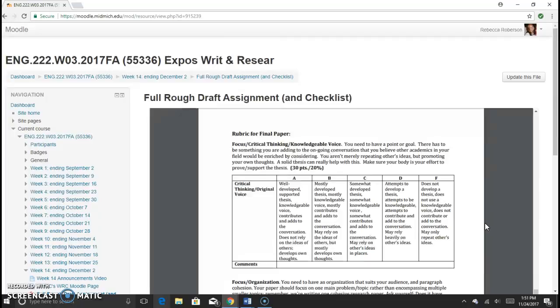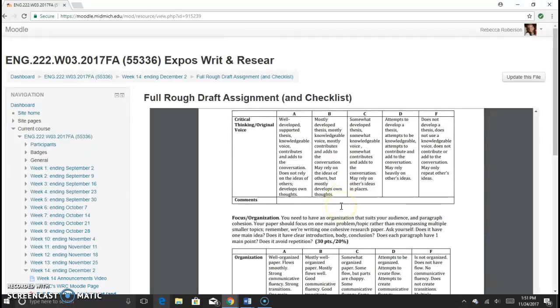It's very difficult to have a point or a goal or make a claim when you don't have a strong, well-developed thesis. So if I made a comment about you're not having a thesis or you're not making a point or a goal, you may want to go back and take a look at your thesis statement and make sure that it really is solid. And therefore, you're able to create a body of work that is going to prove or support your thesis.